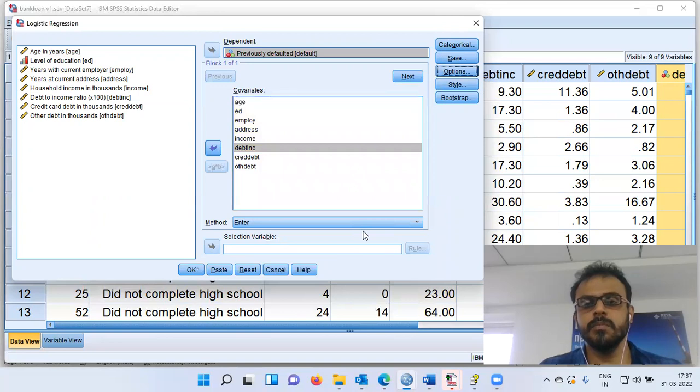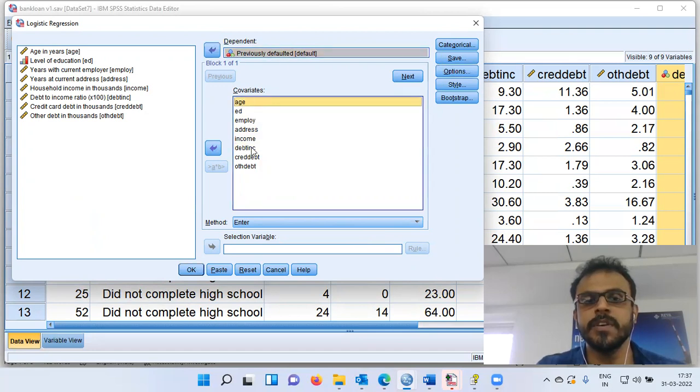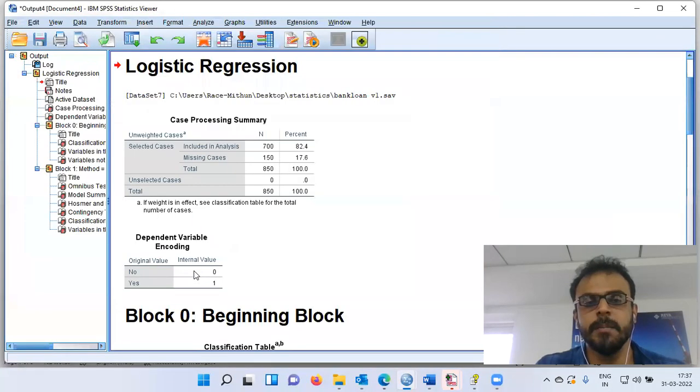So what I've done here is to save 2 new variables and then choose Hosmer Lemeshow's Goodness of Fit. Now, with these selections, I am ready. So default is my dependent variable. All the other demographic variables I have chosen as the covariates. With this, let me click on the OK button.